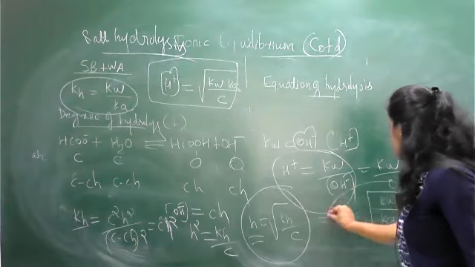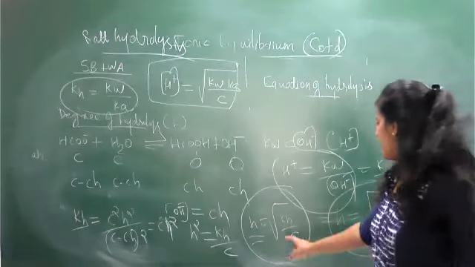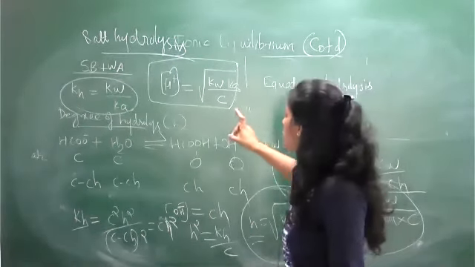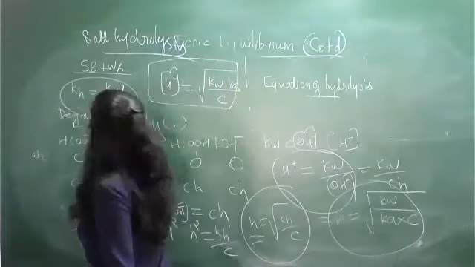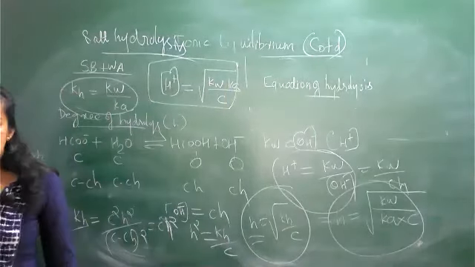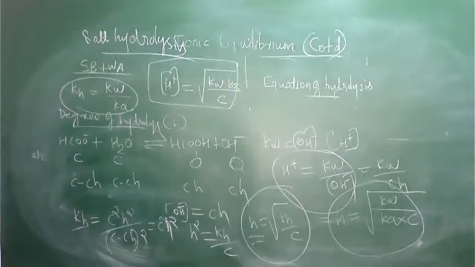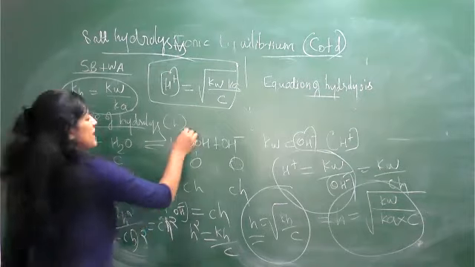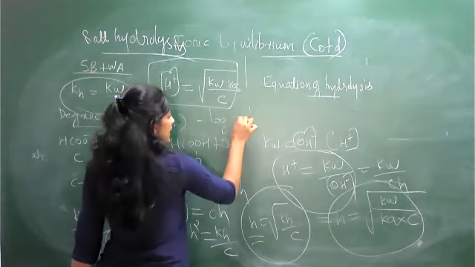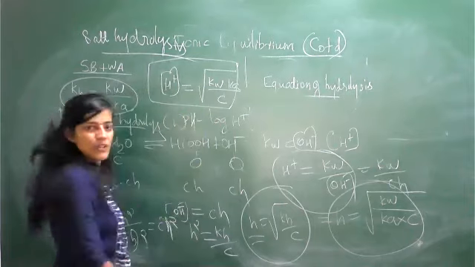This is also another h value, H plus type, you want to memorize. Then it's easy, direct equation you can apply: minus log of H plus ion, we will get the pH value.